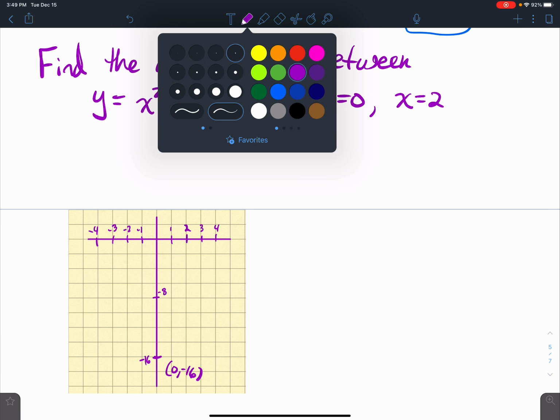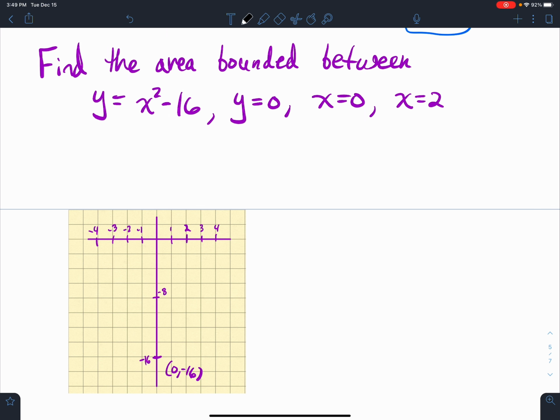Okay, so graphing this, I know it's got its vertex at 0, negative 16. Also, if I set that equal to 0 to find the intercept, I get x squared equals 16, which I know x equals plus or minus 4. So this is where it crosses the x-axis.